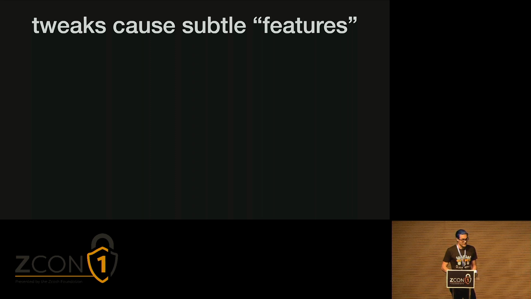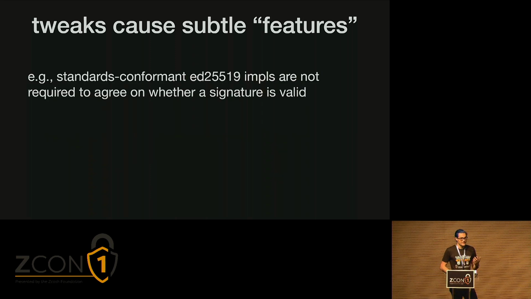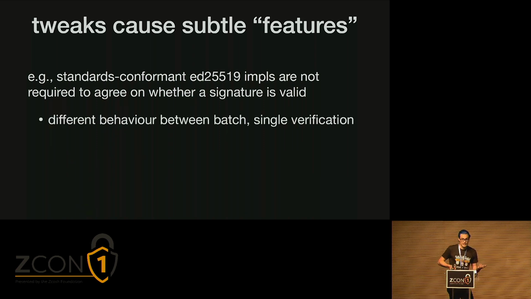And suppose you do all that correctly, you can get these cool subtle features that come out of this. So for example, in Ed25519, you can have totally standards-conformant implementations that are not required to agree on whether or not some given signature is actually valid. You can have different behavior between single and batch verification, where you can have a signature that could verify under batch verification, but not when it's verified standalone.